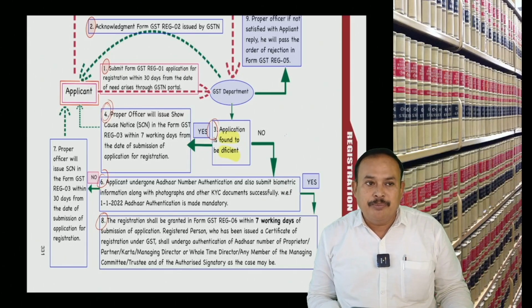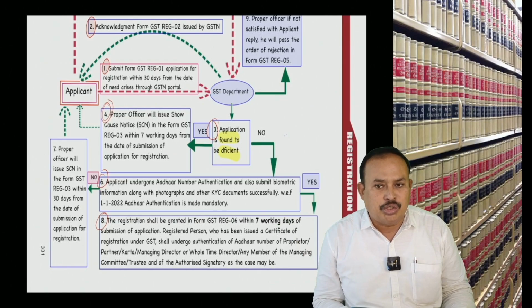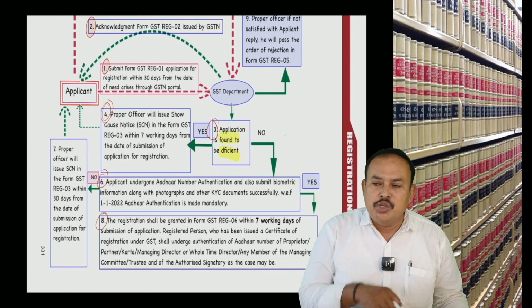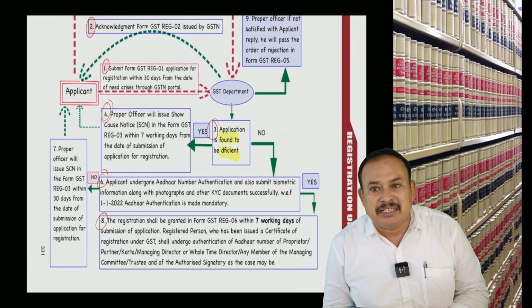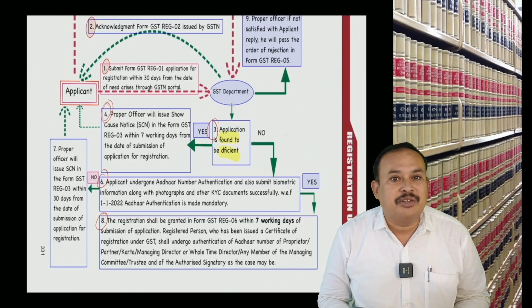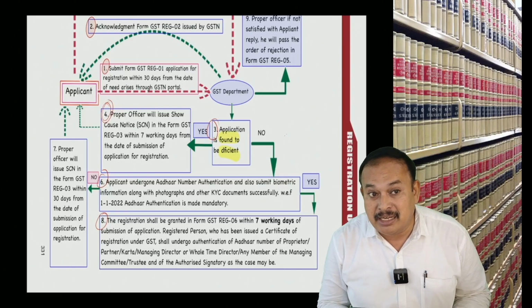Now tell me the flow. Application for registration, form GST REG-01. Acknowledgement, form GST REG-02. If deficiency is found, show cause notice, form GST REG-03. You reply in form GST REG-04. If the department is satisfied with the authentication of Aadhaar, they will issue form GST REG-06, certificate of registration. Is it clear?